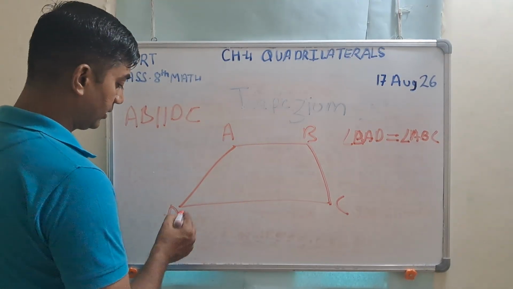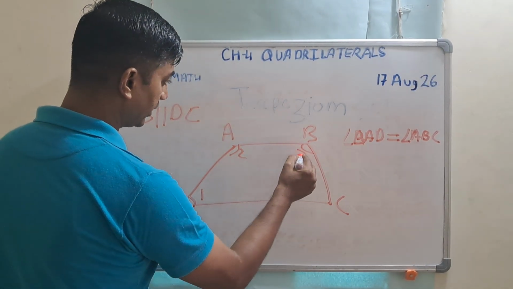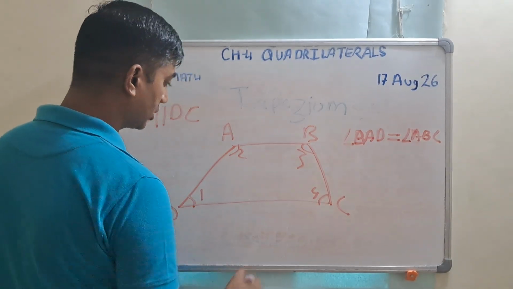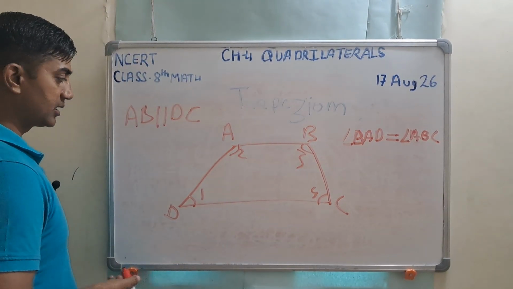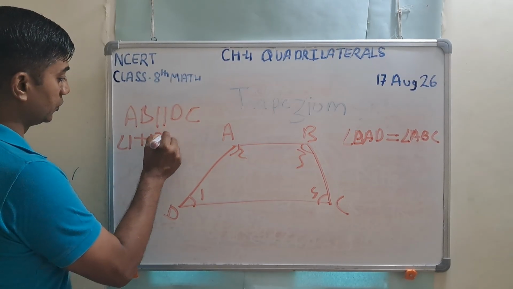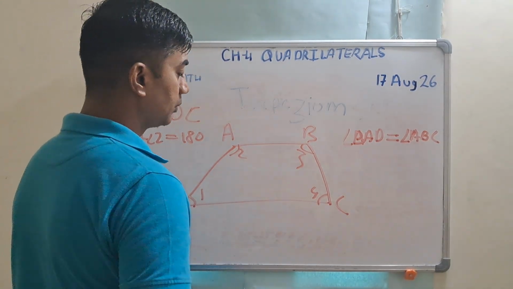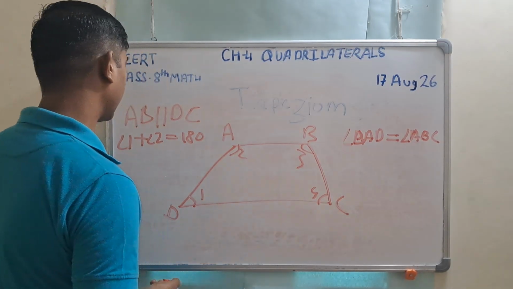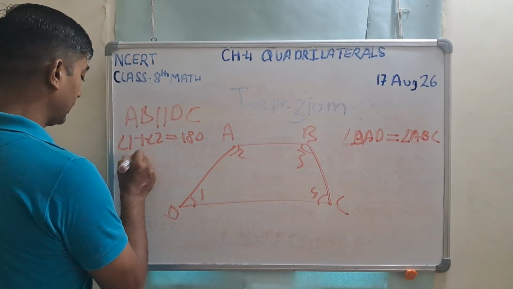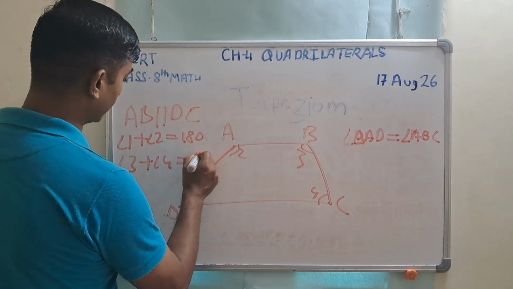So we see angle 1, angle 2, angle 3 and angle 4. What is the relation? We can conclude that angle 1 plus angle 2 is 180 degrees, which is the property of parallel lines and a transversal. Also angle 3 plus angle 4 is equal to 180 degrees.